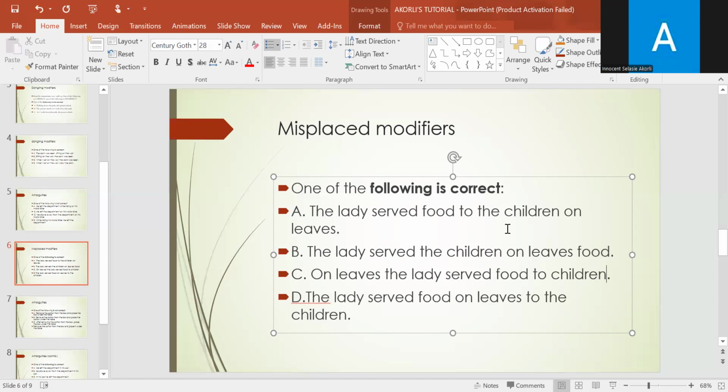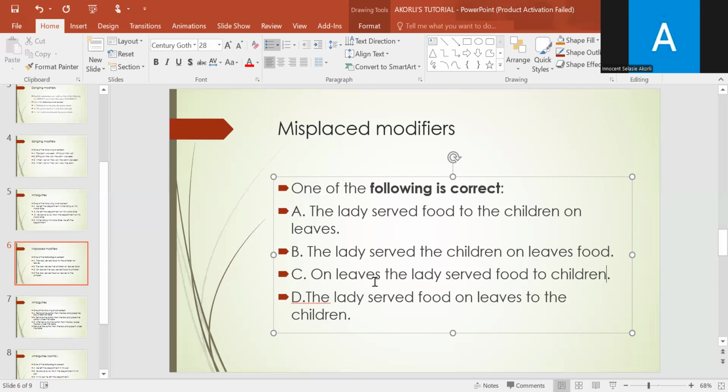Now, let's look at B. The lady served the children on leaves food. It's the same thing. You can see children here being followed by on leaves. So this is also the problem. C, on leaves, the lady served food to the children.